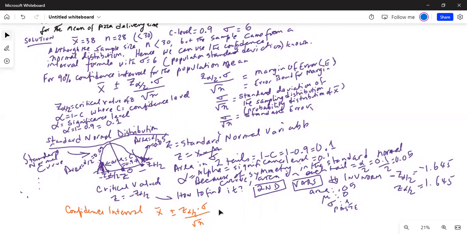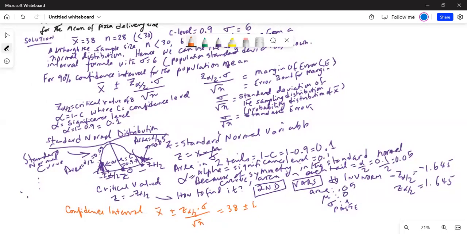Okay, so this is equal to x bar, which is 38, plus minus. Plus minus means two operations: once we'll do the minus, next time we'll do the plus.